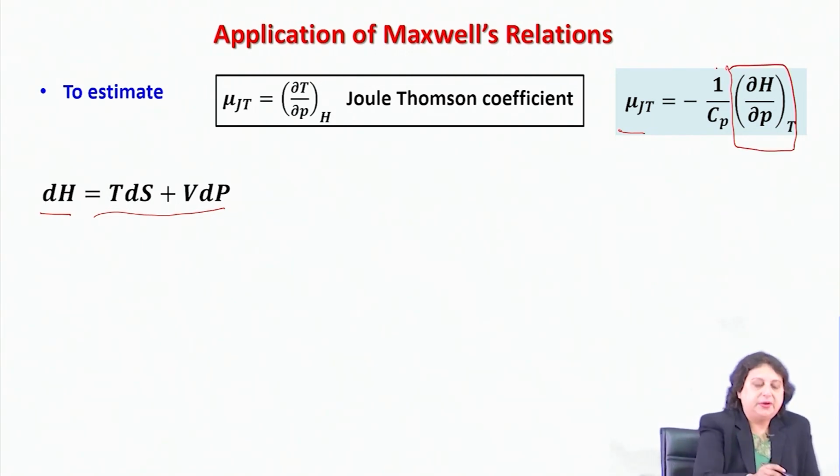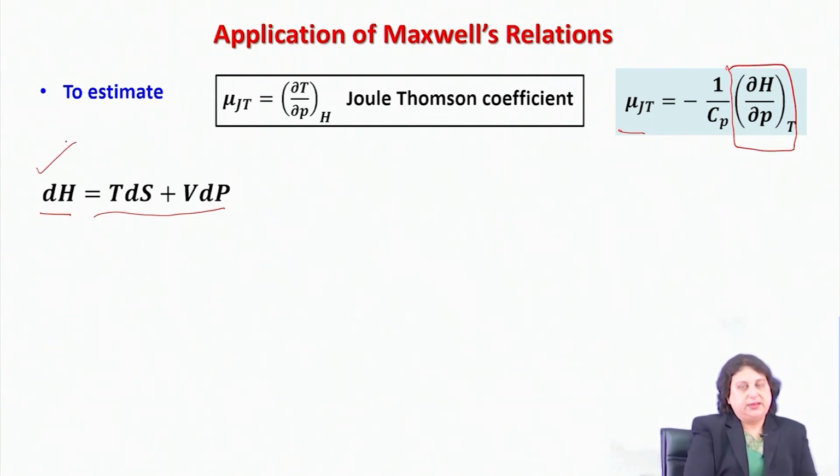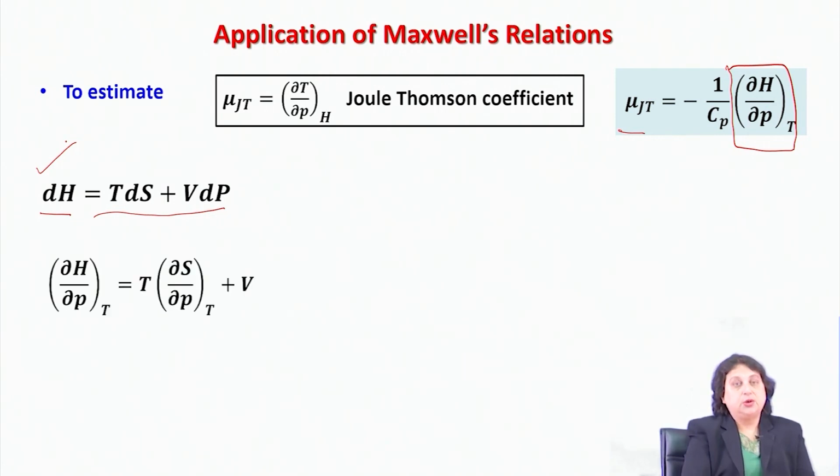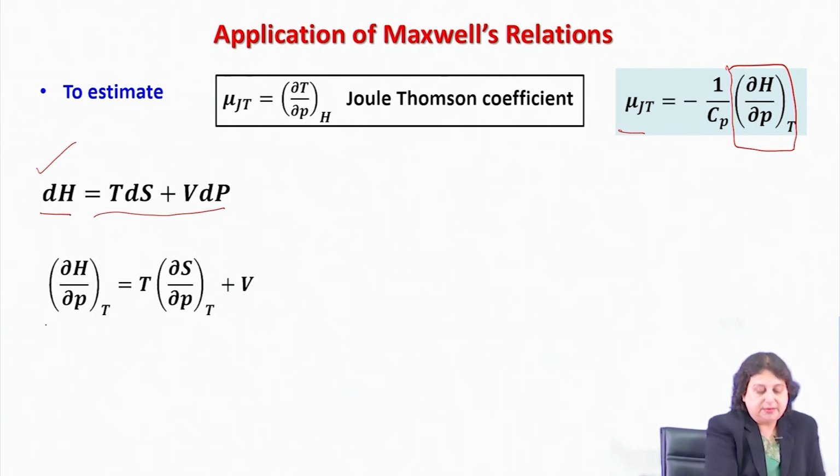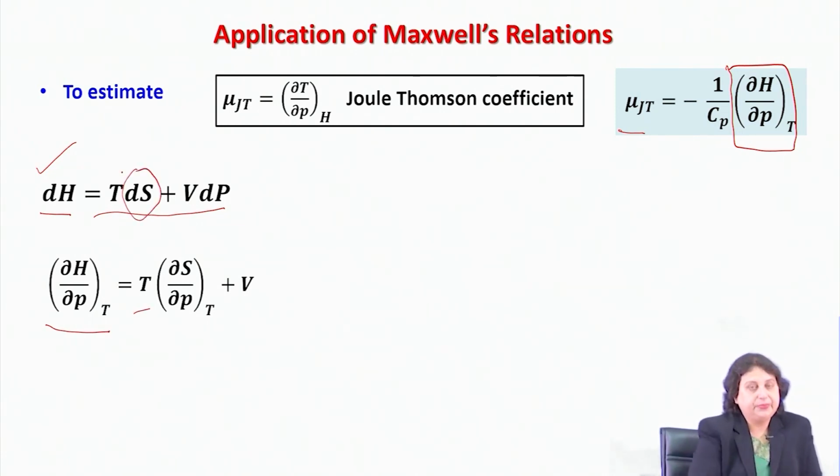And this is the perfect starting place to determine this partial derivative because it gives me dH. So if I now take a partial derivative with respect to P on both sides of this equation, keeping temperature constant, what do I get? I will get (∂H/∂P)_T is equal to T into the partial derivative of this term, that is (∂S/∂P)_T, plus V.